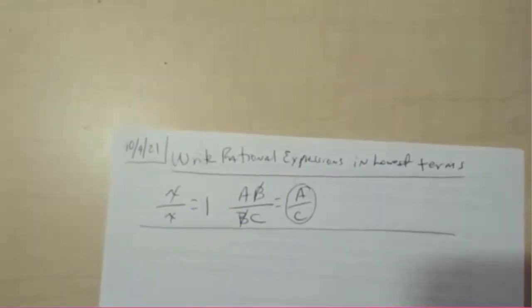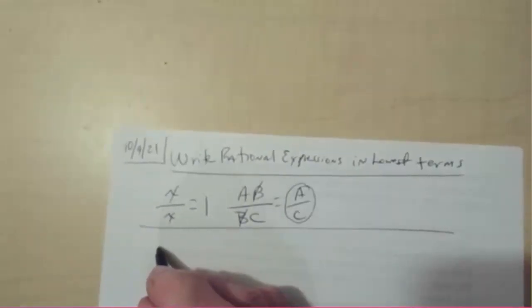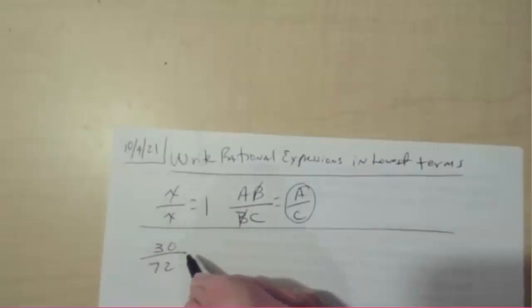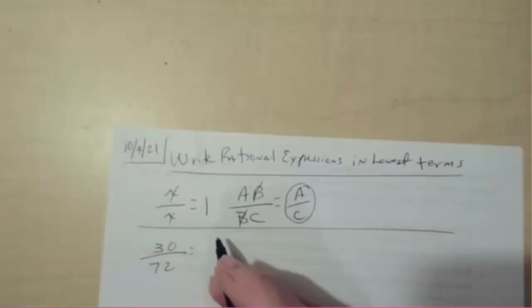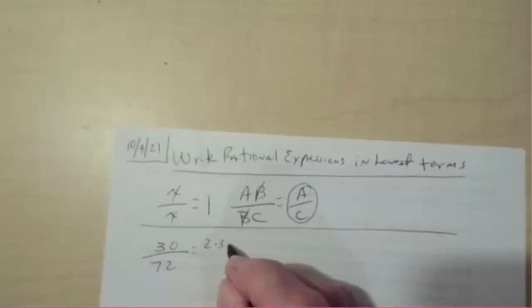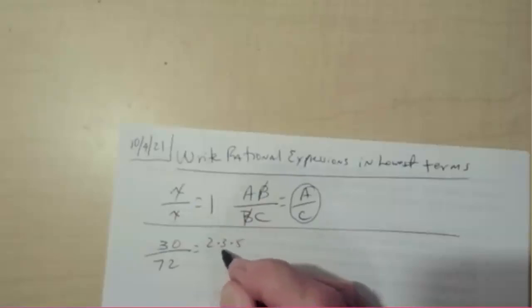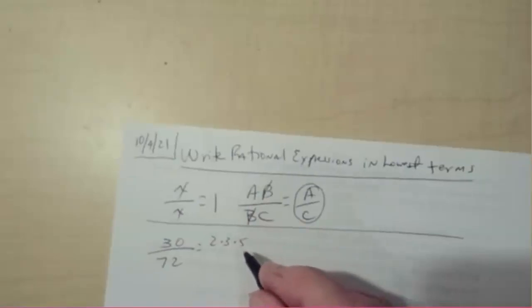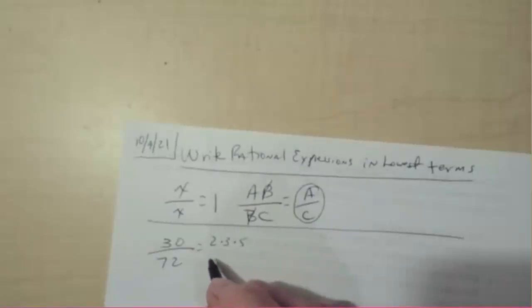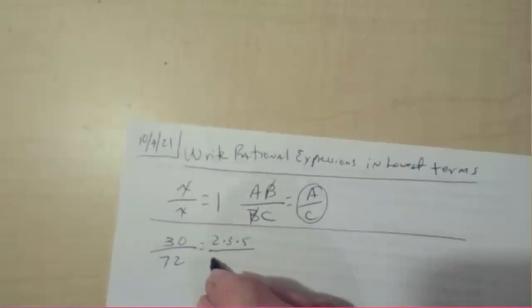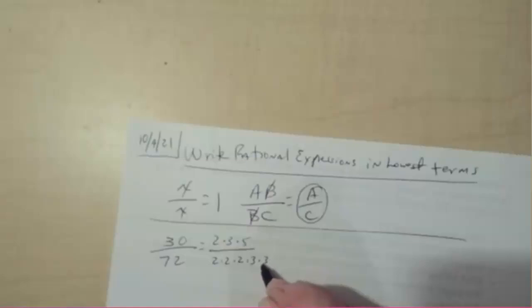Now, for instance, if we have 30 divided by 72. We can factor 30 into 2 times 3 times 5. 2 times 3 is 6. 6 times 5 is 30. And then 72 we can factor as 2 times 2 times 2 times 3 times 3.